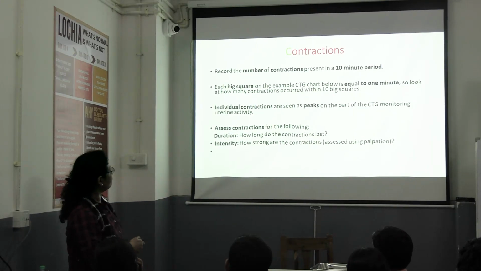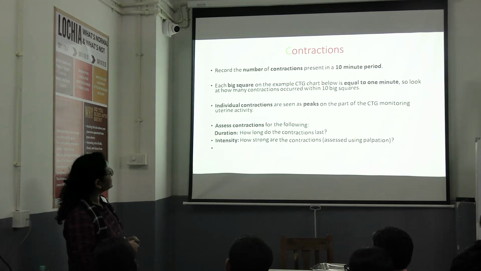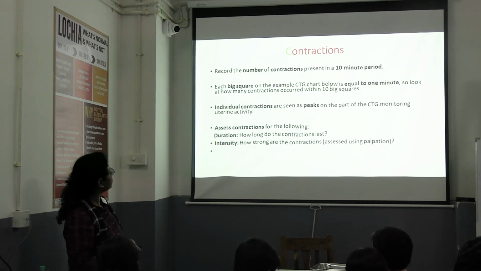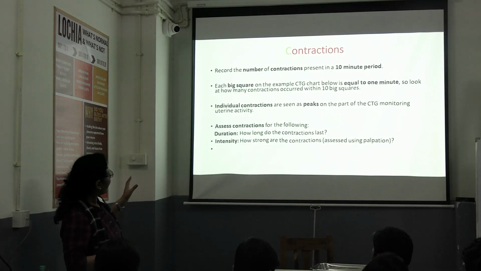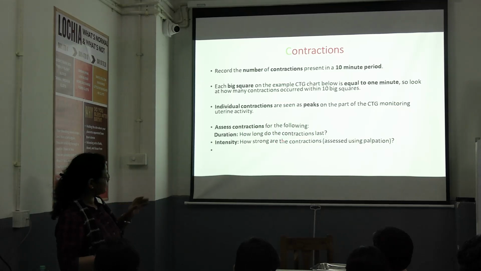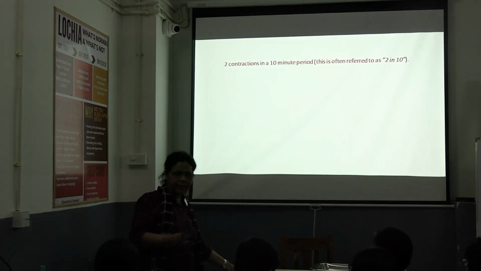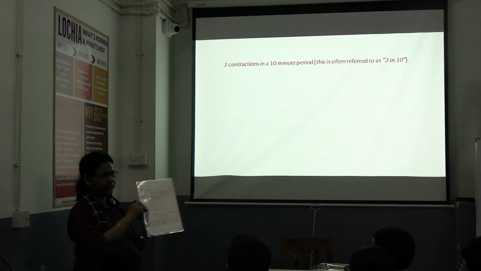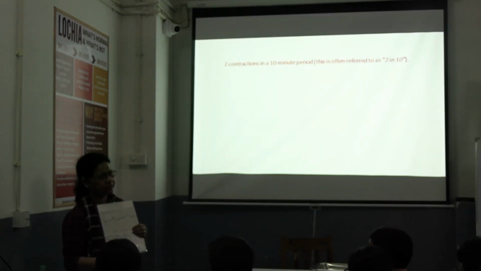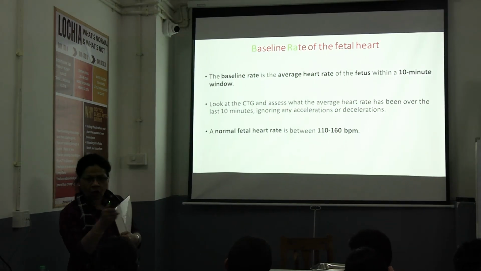So you will calculate the individual contractions, seen as peaks on the CTG monitoring of the uterine activity. Assess the contractions, how long they last and how intense they are. This graph is not displayed here, it's not being picked up in this system. So it is something like this, in a 10-minute period you see 2 contractions. Now the baseline heart rate, what did I say? What is the normal heart rate?